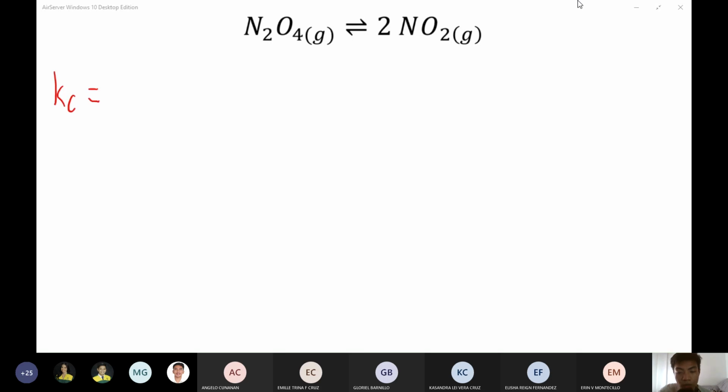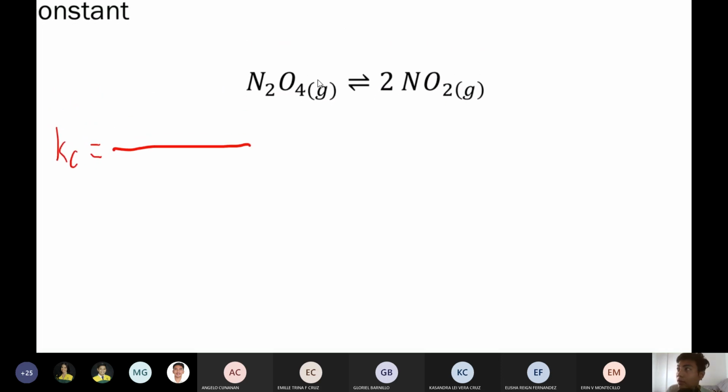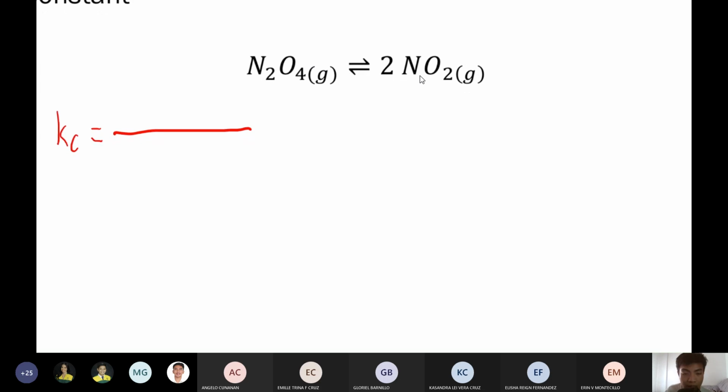Again, Kc is product over reactant. What is our chemical species in the products? NO2. So you write square bracket NO2, and it has a coefficient of 2. You write the 2 as the exponent, so you square it.